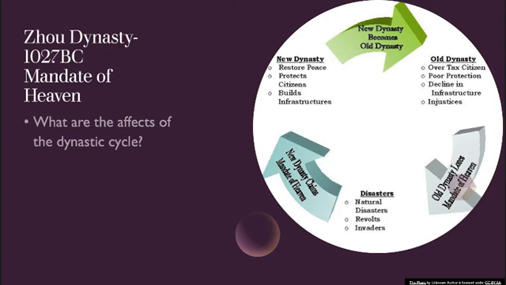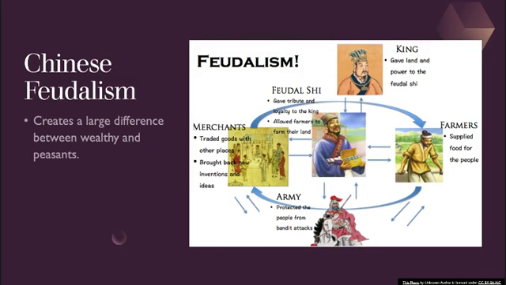Last little bit is on Chinese feudalism. Feudalism is political, it's economic, and it's social. It's a system that governs all of those different aspects of society. In America, what is our political system?